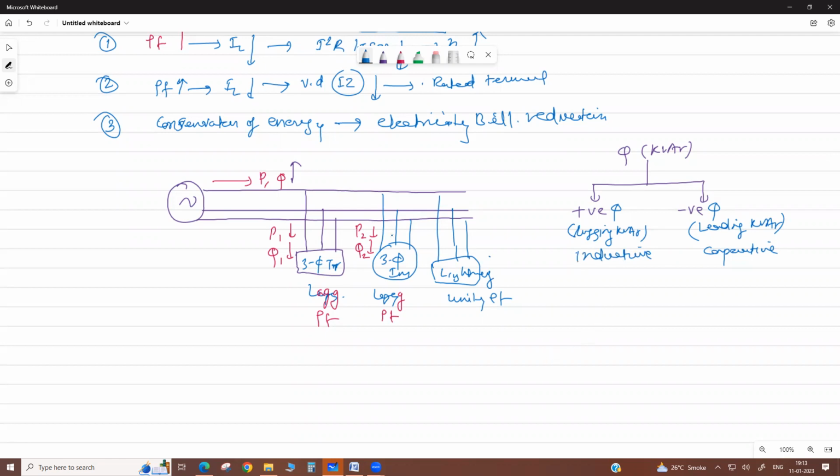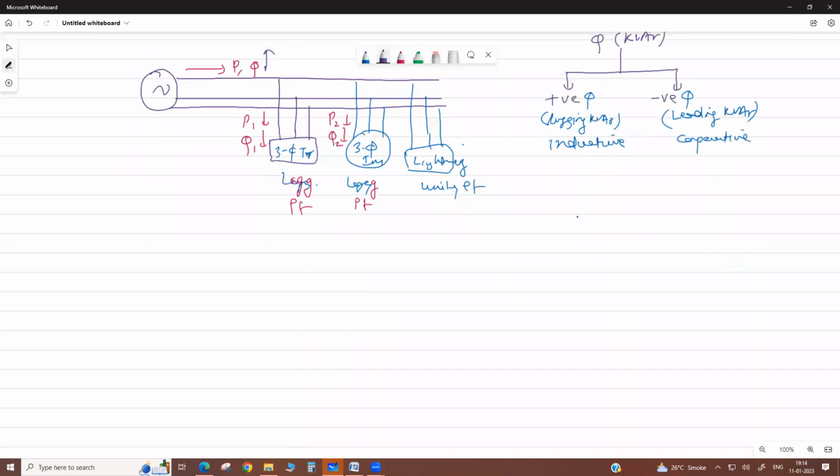Now if we calculate your total load, there are motor loads and lighting loads. We add all the active loads, this is called the total kilowatt load.